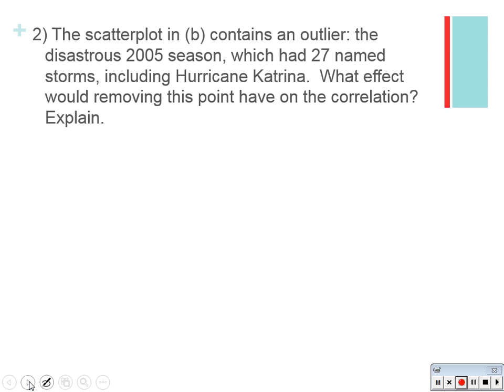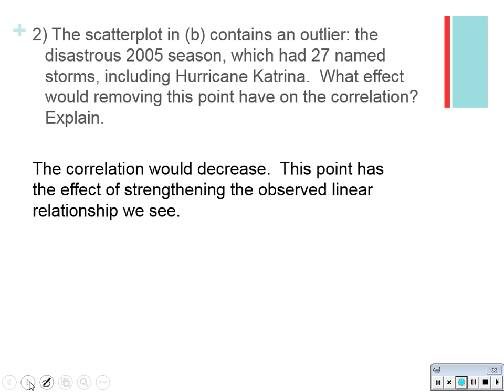The second question says the scatter plot in B contains an outlier, the disastrous 2005 season, which had 27 named storms, including Hurricane Katrina. What effect would removing this point have on the correlation? Just remember that for something like this, the correlation would decrease. This point has the effect of strengthening the observed linear relationship we see.